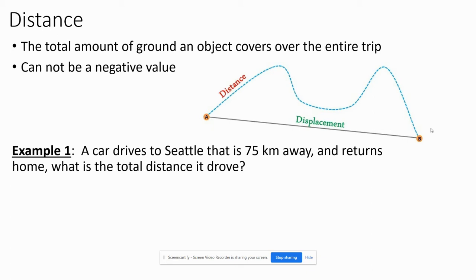They're going to come back home. What is the total distance? That is the question I'm answering, and I'm going to jump over to my camera in just a second.